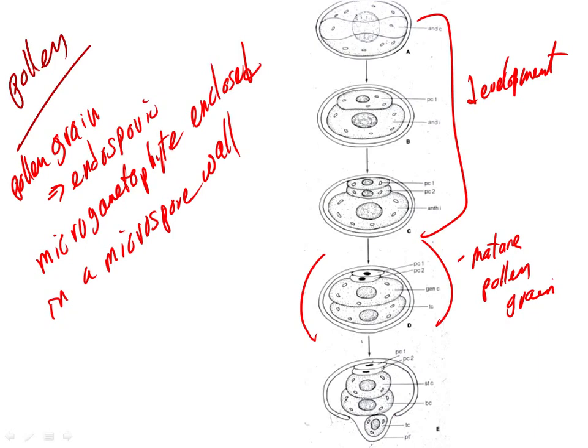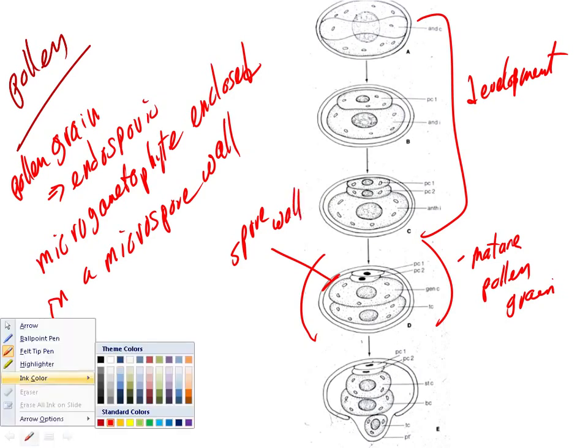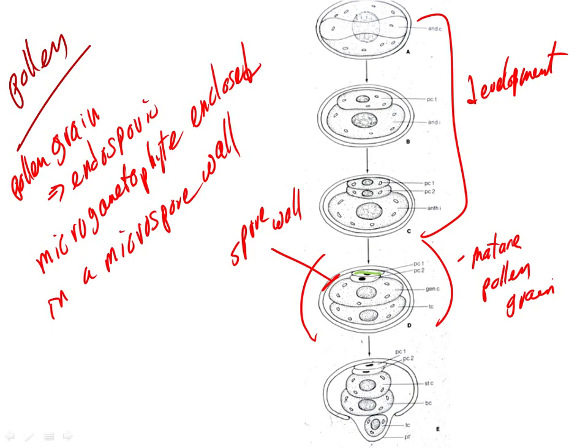Let me label the spore wall first. And then switch colors. And there is the endosporic microgametophyte.